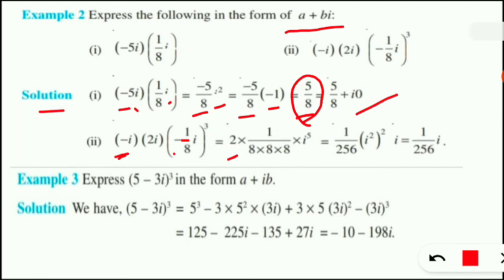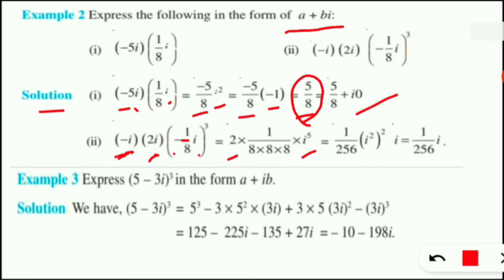Here is 2, that means 2. After that here is 1i, again here is 1i, and here is 3i, so 3 plus 1 plus 1, that means 5i, so that's why i to the power 5. Clear?